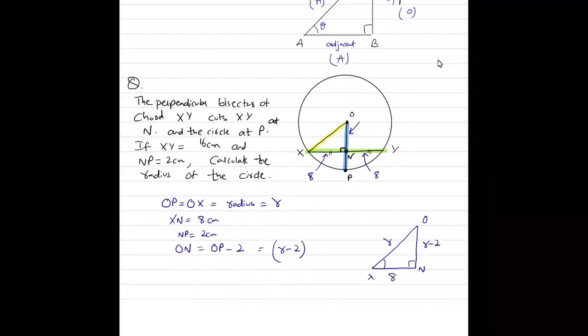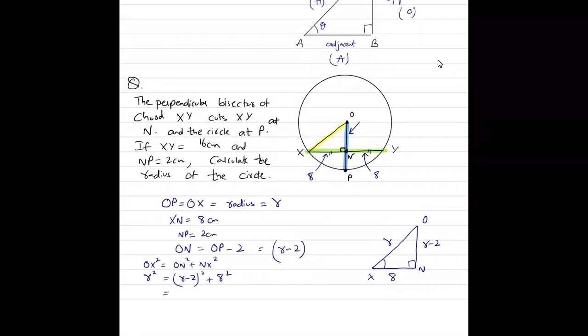So using Pythagoras theorem, you can calculate the value of R. You're going to come up with the equation OX square is equal to ON square plus XN square. So R square is equal to R minus 2 whole square plus 8 square.